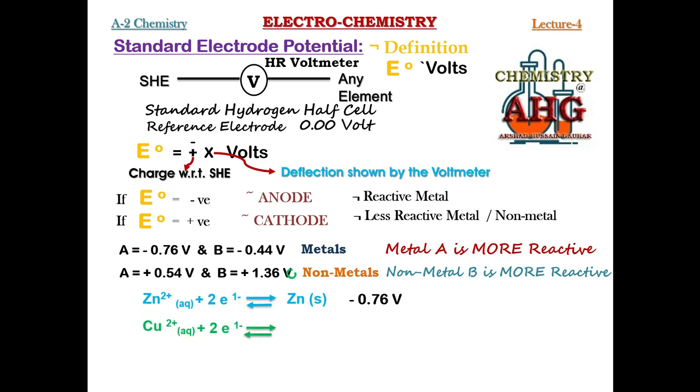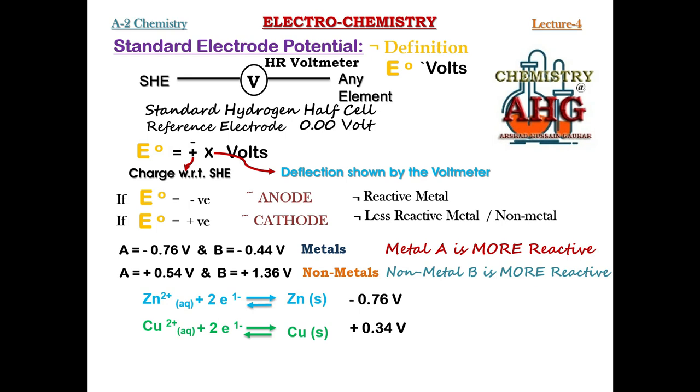Now what you can notice, for zinc half cell, the standard electrode potential is minus 0.76 volt, and for copper half cell it is plus 0.34 volt. Now what you can see from both these half cells, in the forward direction, which reaction is shown. In both these half cells, in the forward direction, the process of reduction is being shown.